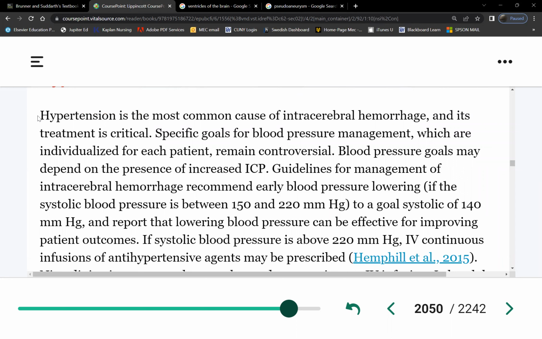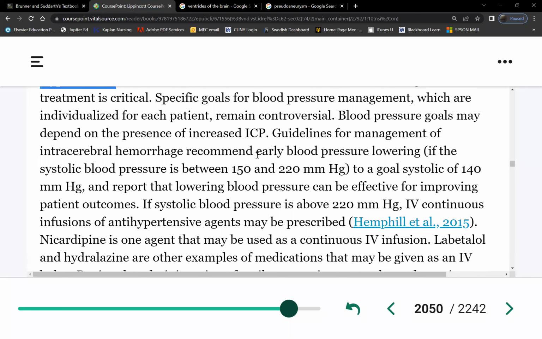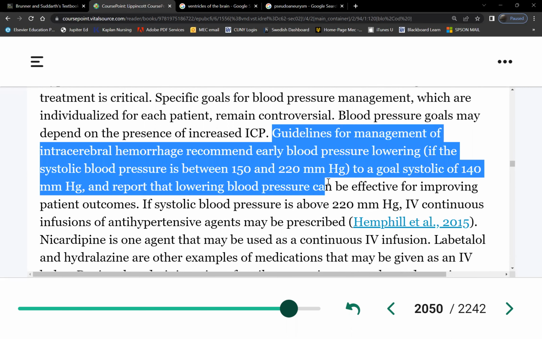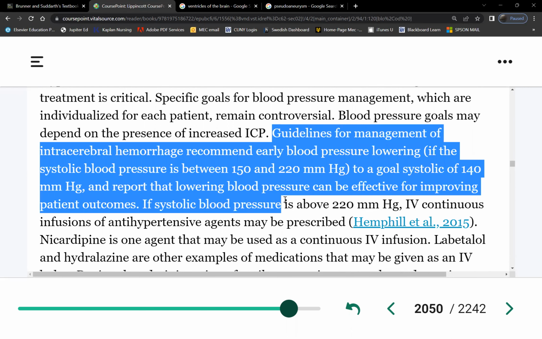Hypertension. Again, look at this in the case of hemorrhagic stroke. We're still under hemorrhagic stroke. So of course, we want our blood pressure to be what? Okay, read this for me. Guidelines. Is it any different from what we did for stroke last week?